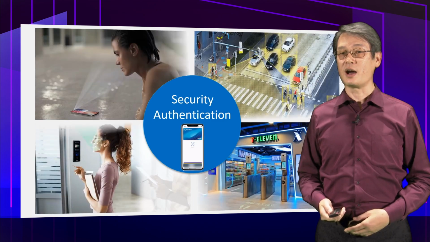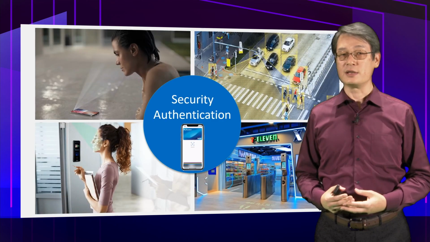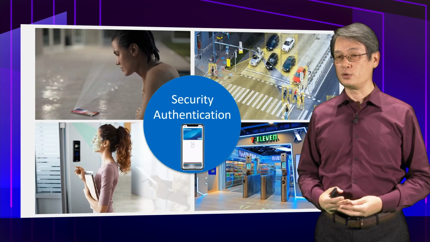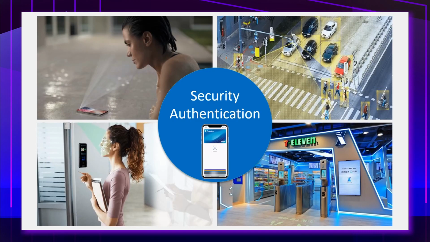3D sensing technology is used for facial recognition in situations where high security authentication is required, such as mobile payment, unmanned store payment, home and office access. It can also be used to monitor and control traffic or for crime prevention in smart city scenarios.